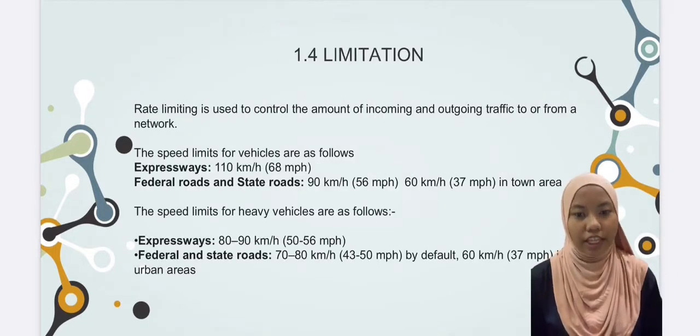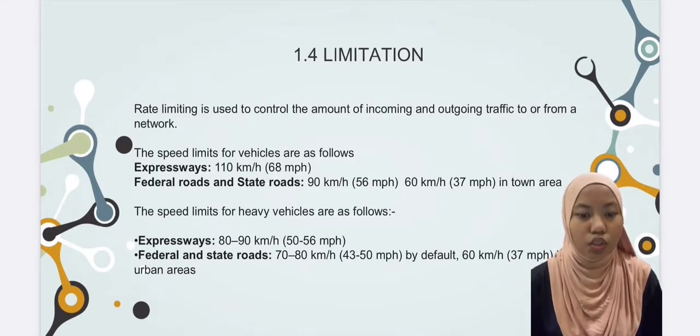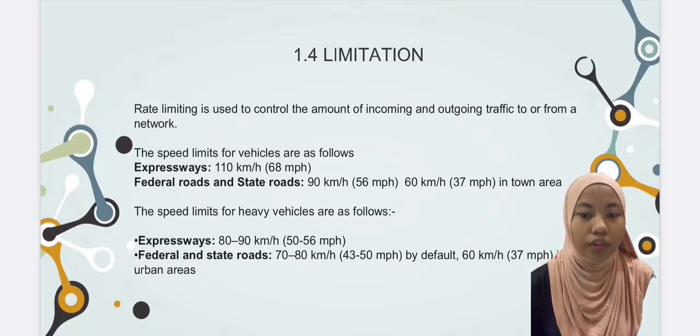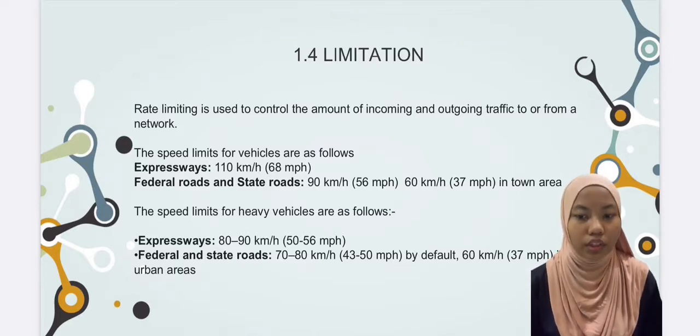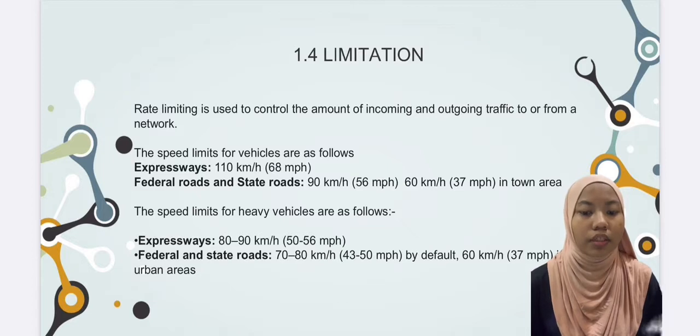Lastly is the limitation. Rate limiting is used to control the amount of incoming and outgoing traffic to or from a network. The speed limit for vehicles is as follows. Expressway 110 km/h, Federal Road and State Road is 90 km/h or 60 km/h in the town area.